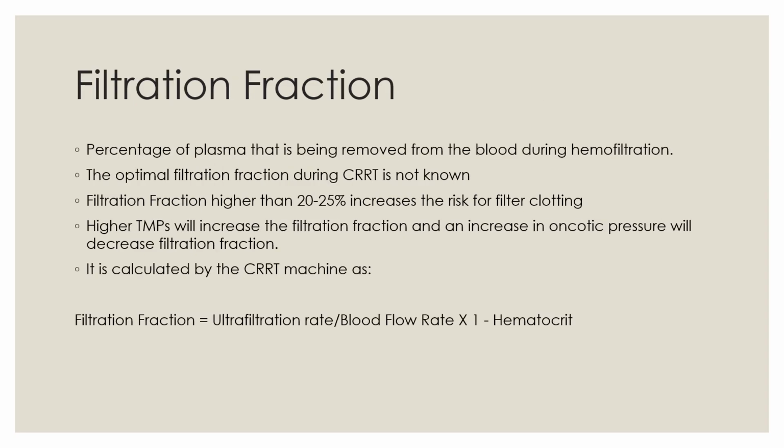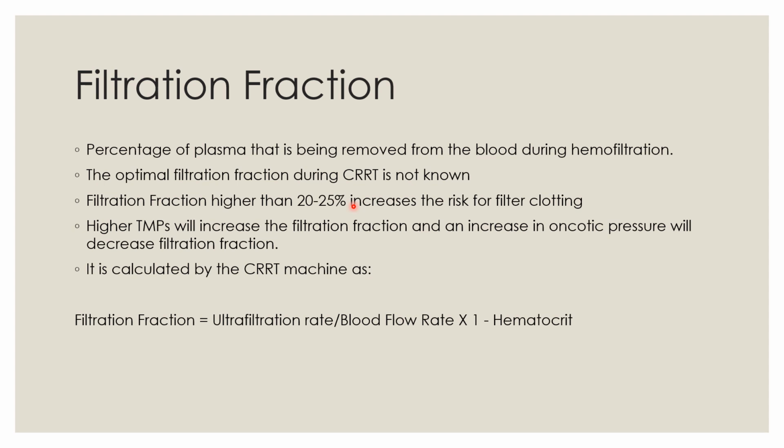Filtration fraction. It is the percentage of plasma that is being removed from the blood during hemofiltration. It tells us the likelihood of filter clotting. The optimal filtration fraction during CRRT is not known.